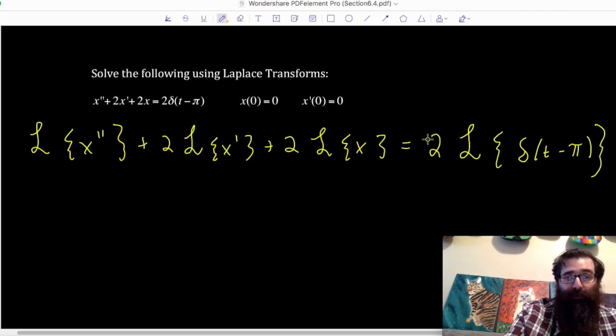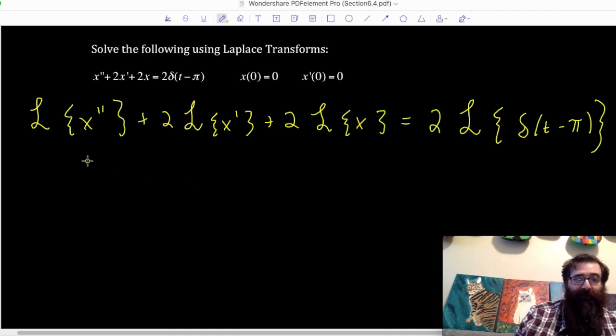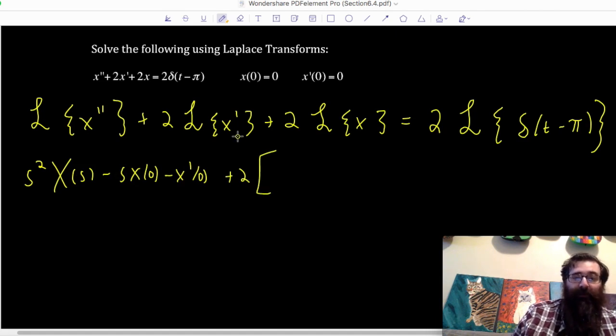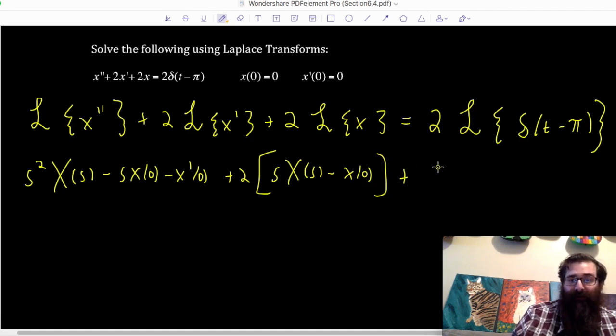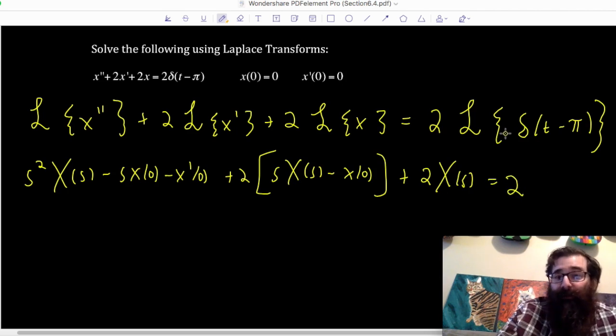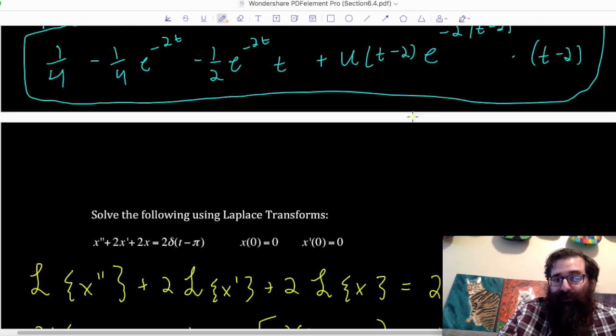We have an initial value problem. So we'd say Laplace transform of x double prime gives us s squared times capital X of s minus s times x at 0 minus x prime at 0, plus 2 times Laplace transform of x prime gives us s times capital X of s minus x at 0, plus 2 times Laplace transform of x gives us 2 times capital X of s, equals 2 times, and then the Laplace transform applied on the delta function at t minus pi.